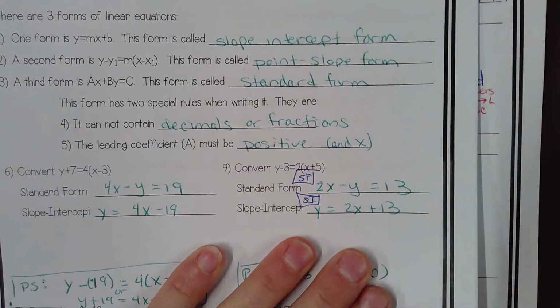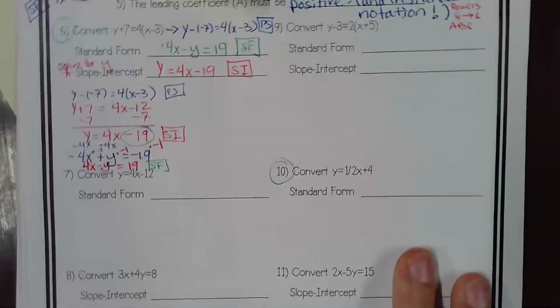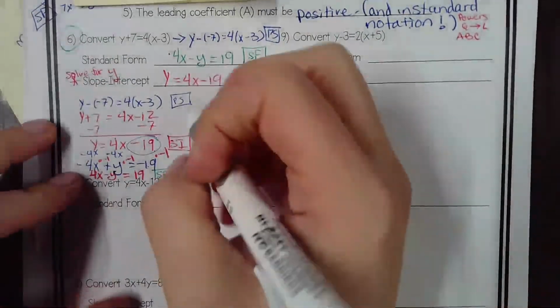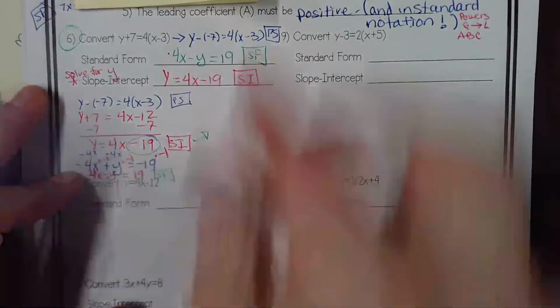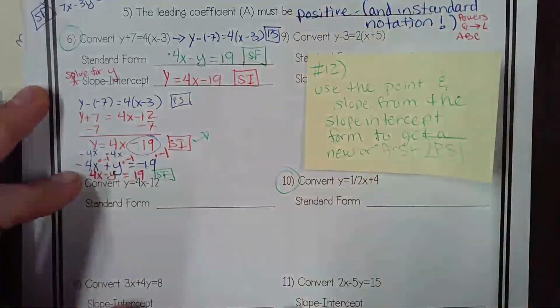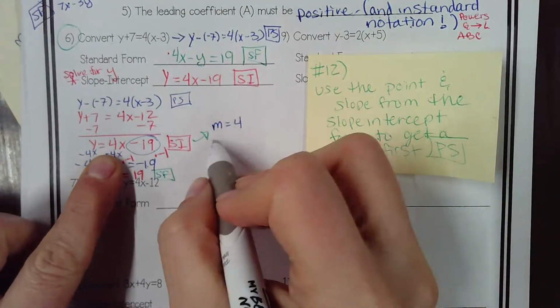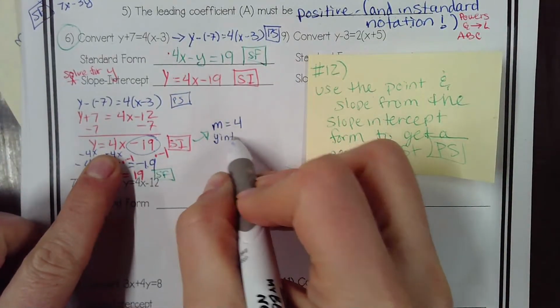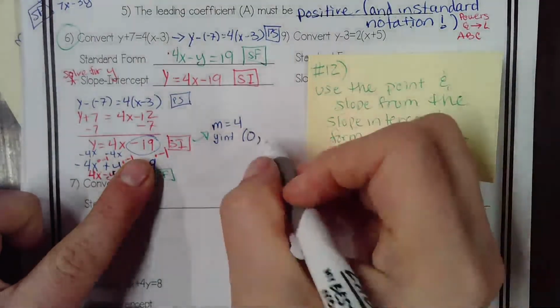How'd you do? Now, whenever I have slope-intercept form, I'm going to go ahead and do the part 12 here. I have a slope. It's 4. I have a y-intercept. It's 0, comma, b.